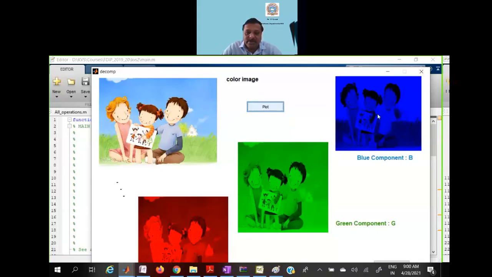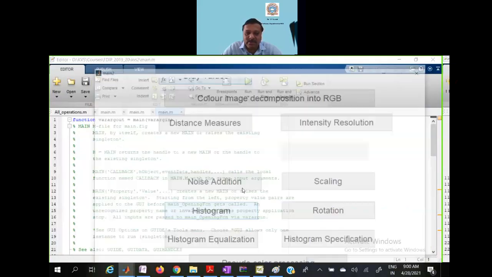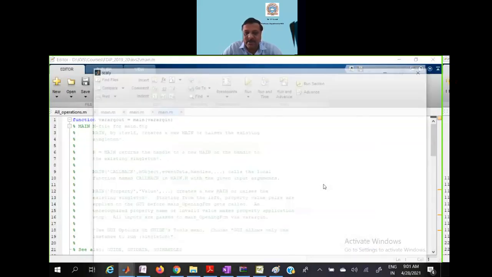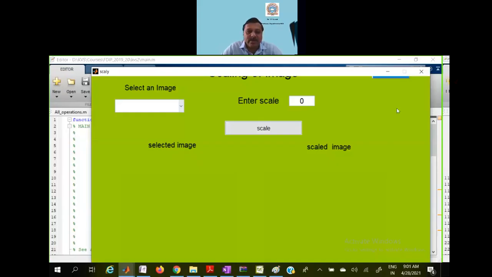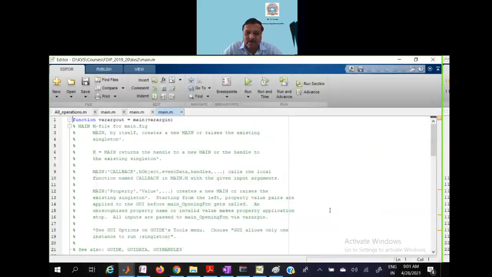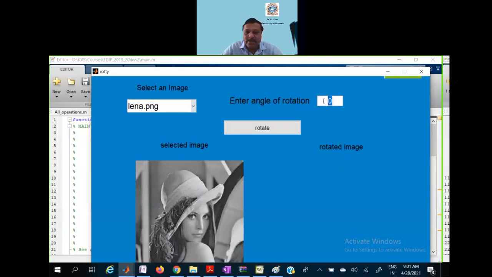So I can decompose it into RGB components and show them. Like this, they have provided the link for so many concepts. Let me just demonstrate maybe rotation. I'll take a Lena image. Suppose I want to rotate it by an angle of 45 degrees, I can do it.